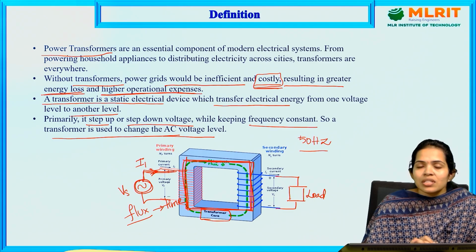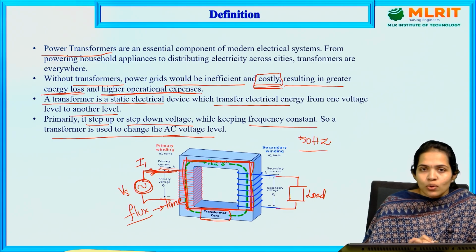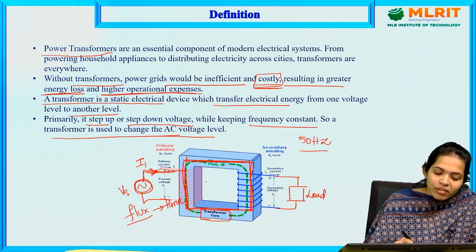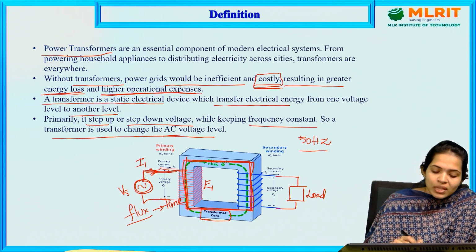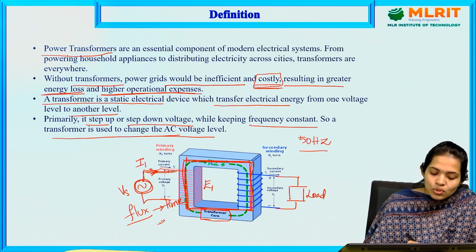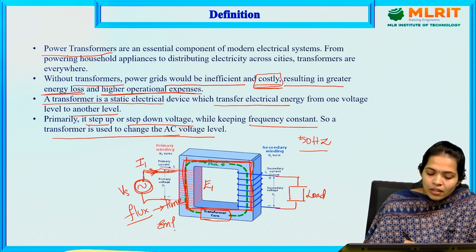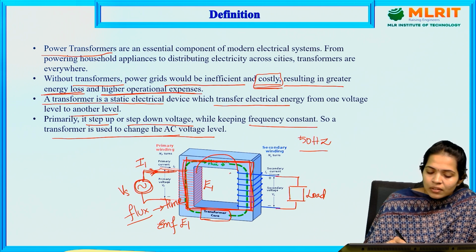So this change in alternating flux with respect to time will cause an EMF E1 to be induced in the primary circuit of the transformer. So this EMF induced in the primary winding will link to the secondary winding through the common path that is nothing but the magnetic core.